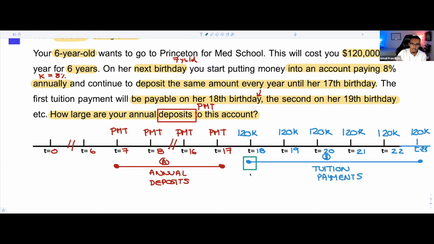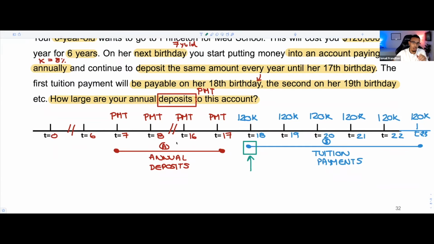So you know that you're going to start paying right here. You know payments begin at T18. So the tuition begins at T18, and you want to have enough money by then, okay? Now the question is essentially, how much money do you really need at the beginning of the tuition payments?